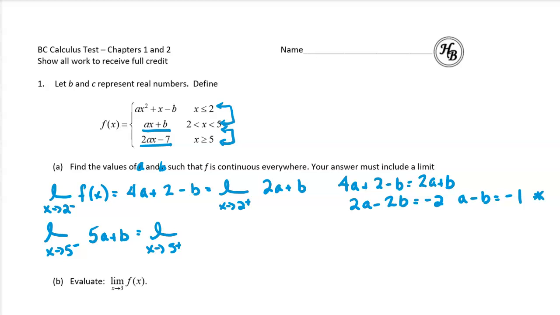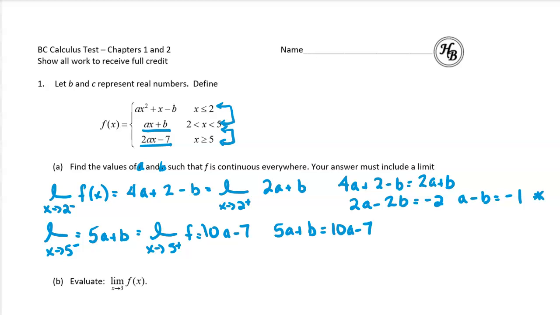And so we plug in 5 and we get 10a minus 7. So 5a plus b equals 10a minus 7.